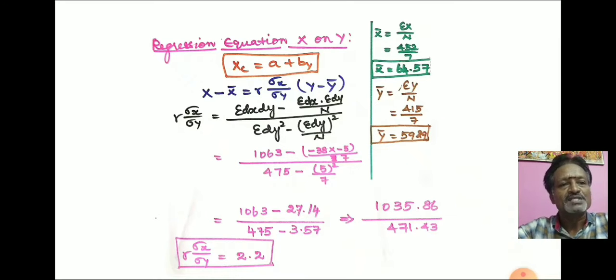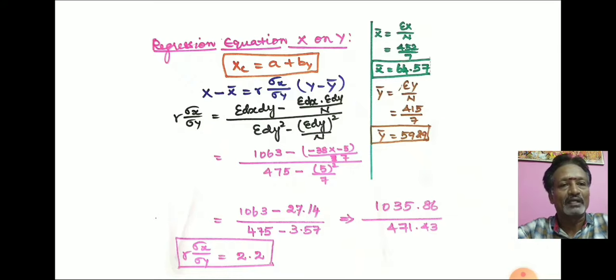Friends, here you can remember in the correlation formula, when we estimate correlation with the help of assumed mean, r equal to sigma dx dy minus sigma dx into sigma dy by n divided by under root of sigma dx square minus sigma dx the whole power 2 by n into under root of sigma dy square minus sigma dy the whole power 2 by n.